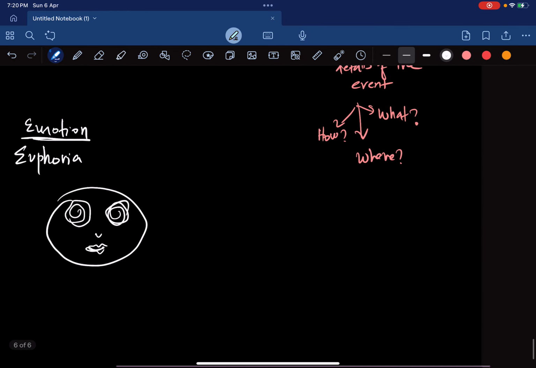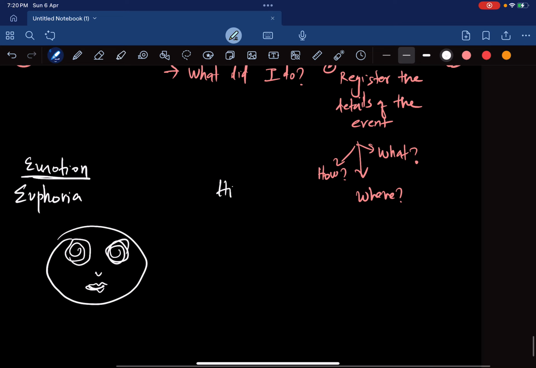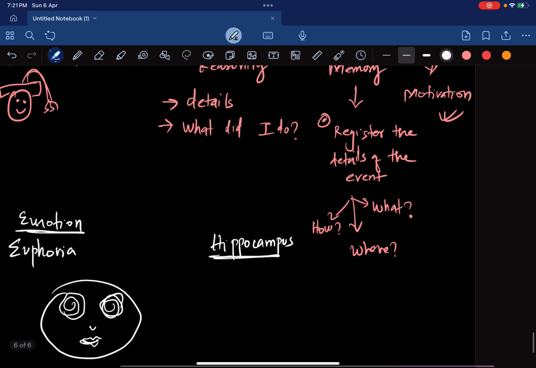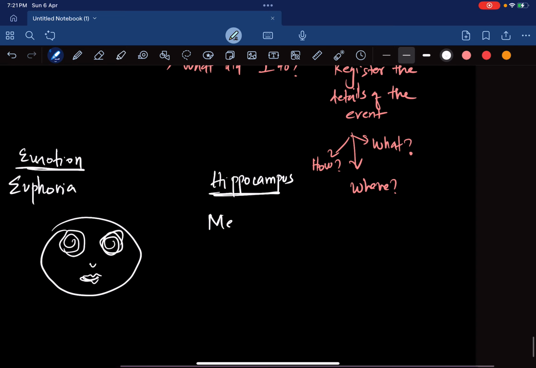This sense of euphoria is captured by the hippocampus. Can you pause a minute and think of what the hippocampus just did? Think, you've got it right. The hippocampus is registering the memory.